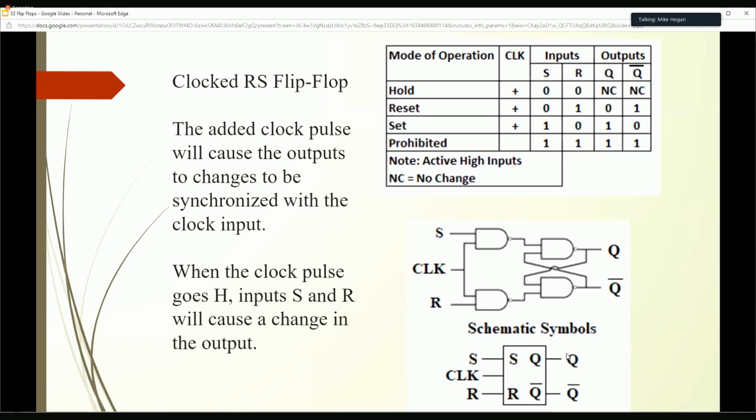Q can't be 1 and a 0. And so we just don't know what output we're going to get there. And so we avoid that status. We avoid both being high. So that is an RS flip-flop, but now it's a clocked RS flip-flop.